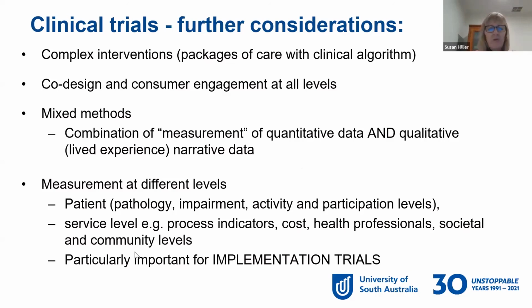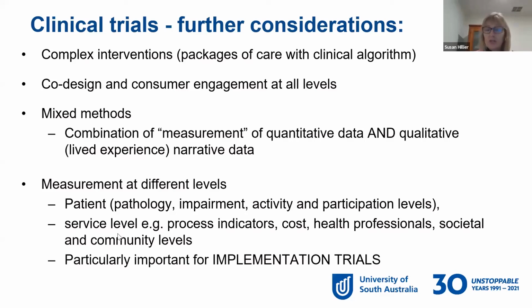And finally, with the measurement at different levels, multi-level outcome measurement is really important in rehabilitation trials because we have a holistic approach, measuring at the patient level, which could be the pathology, impairment, activity, participation, as I said, with the ICF framework.